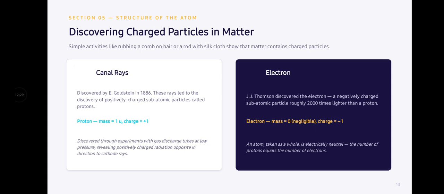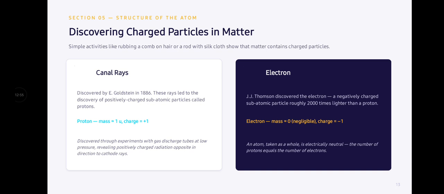These rays led to the discovery of positively charged subatomic particles called protons. Proton mass is 1 u. Charge is +1. Discovered through experiments with gas discharge tubes at low pressure, revealing positively charged radiation opposite in direction to cathode rays.